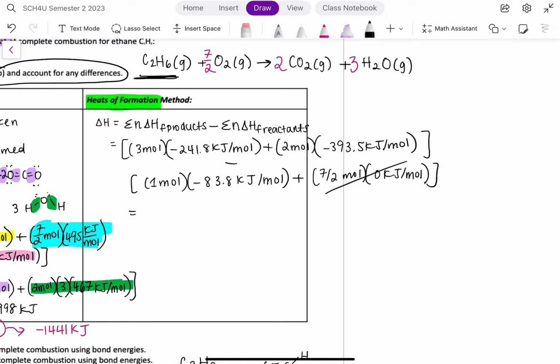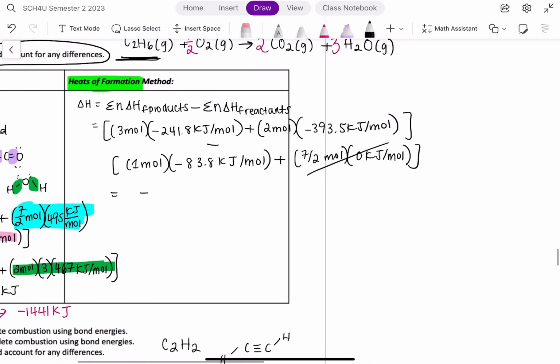So negative 241.8 times 3 plus 2 times negative 393.5 is negative 2,963.2 kilojoules, minus negative 83.8 kilojoules.